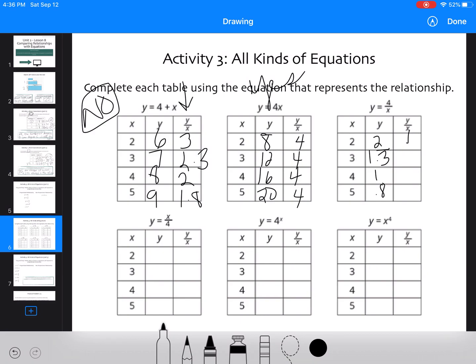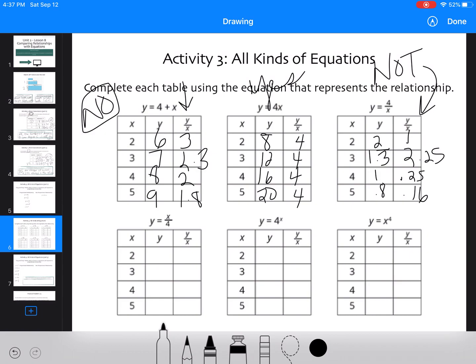This is going to be 3 divided by 1.3 repeating. It's going to be 2.25. 1 divided by 4 is going to be 0.25. And 8/10 divided by 5 is going to be 0.16. So this is not true. So let's try the next one.